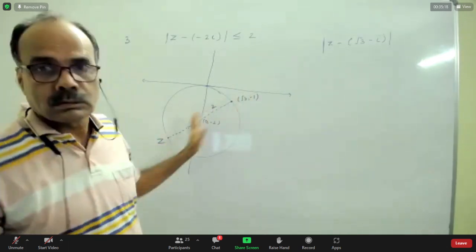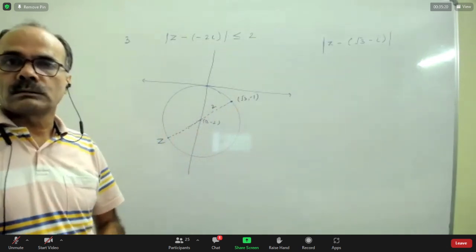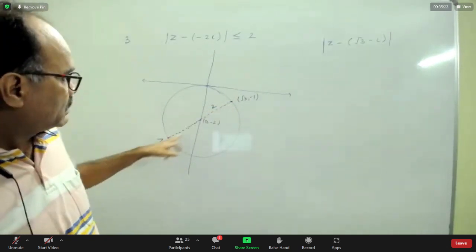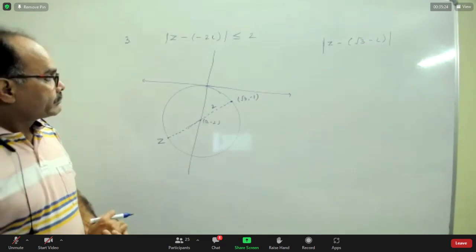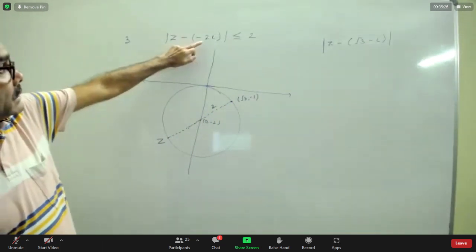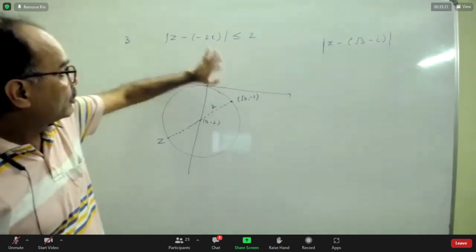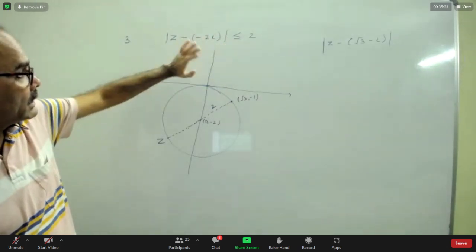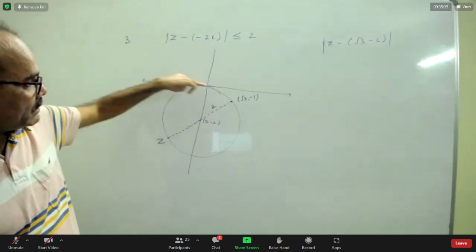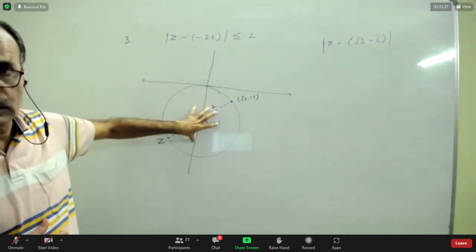Just opposite, the other end of the diameter. See, this is the circle centered at 0, minus 2 with radius 2. The meaning of the inequality is z can be anywhere on the circle or inside the circle.